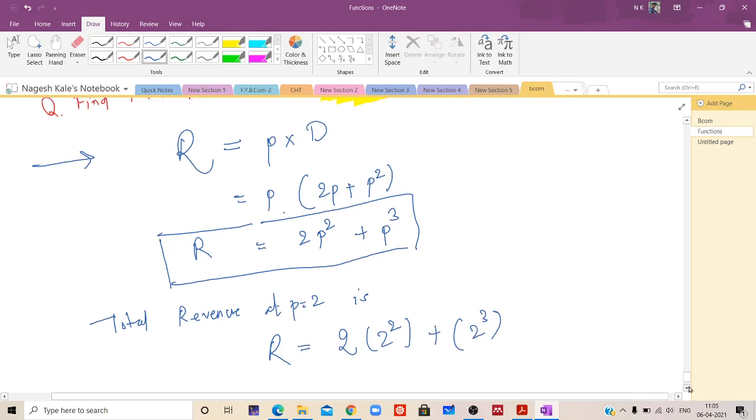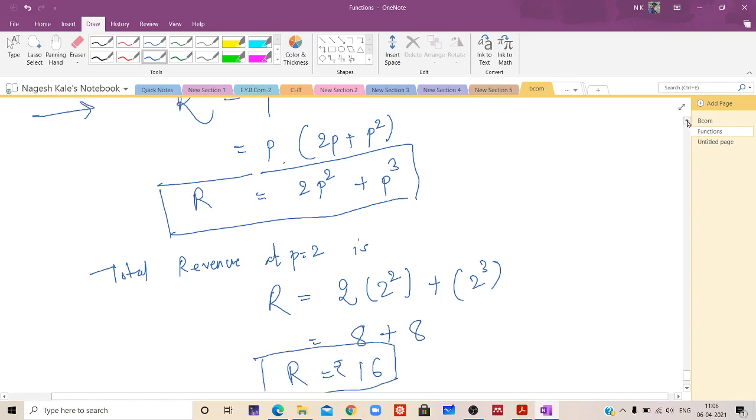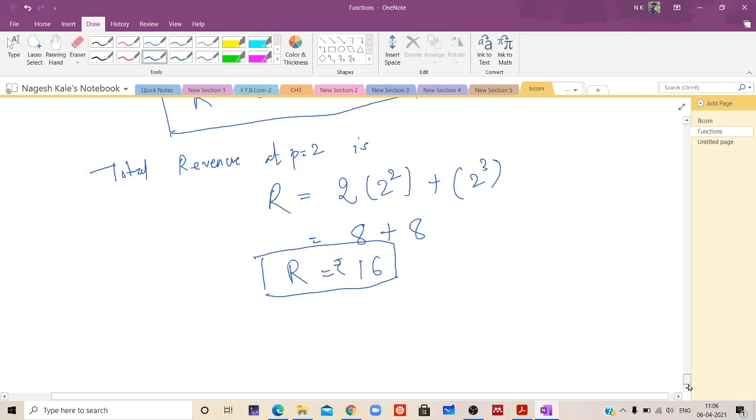If you solve this, 2 into 2 square means 2 into 4, that is 8, plus 2 cube, that is 8. So the answer will be 16. Total revenue will be rupees 16 at p equal to 2. That means if you are selling this much demand at price 2, then total revenue will be 16. Let us take one more example.